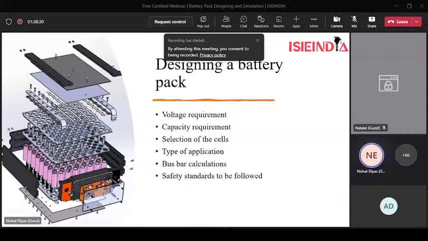The bus bar calculation, which will help in a proper flow of the current and help in lowering the resistance. The safety standards, which are to be followed as per the local authority, which define the various parameters we have to follow to design a battery pack, and to prevent accidents, fire, and various harms or damages which can be lethal, which can be due to the battery pack.